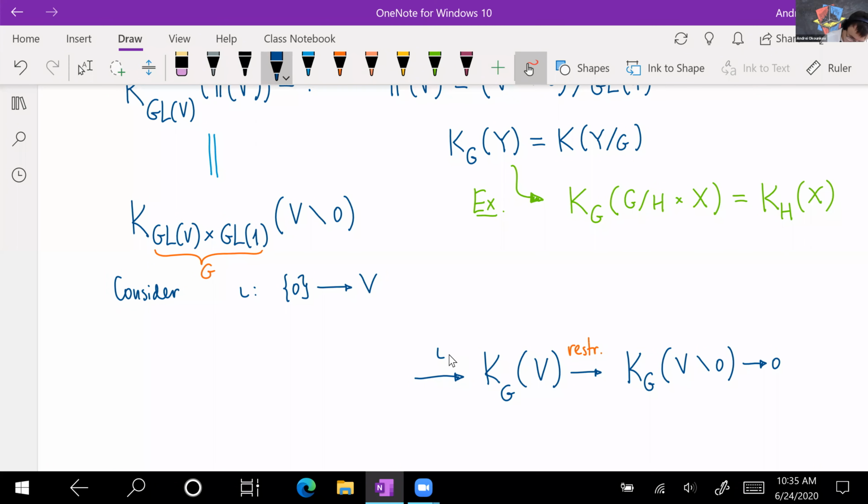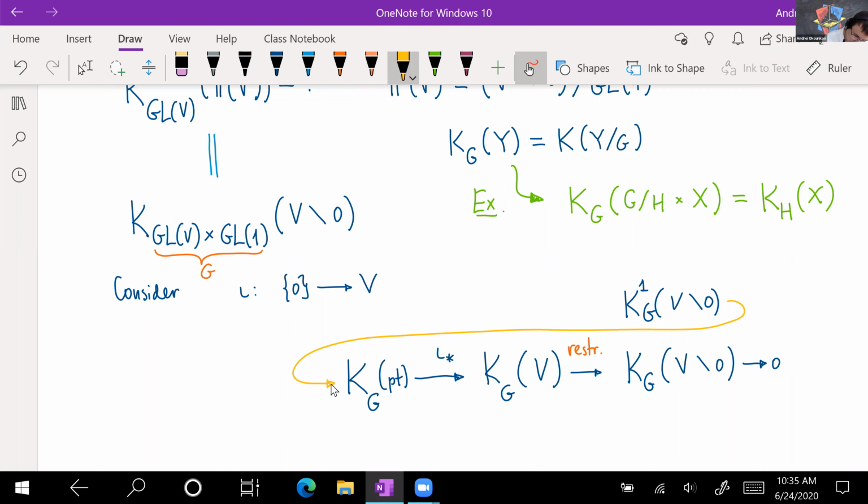So this is iota push forward of K_G of a point. In principle, there is a K1 of the open set, which we're not going to need. In general, we won't need higher groups for a long time. And so what we want is the cokernel of this map.